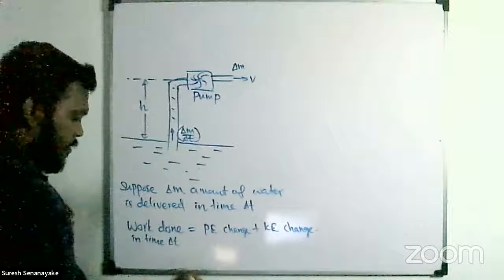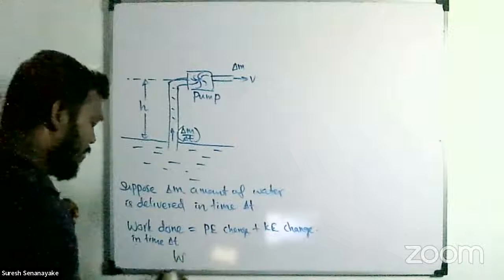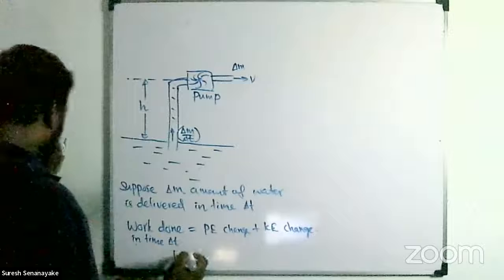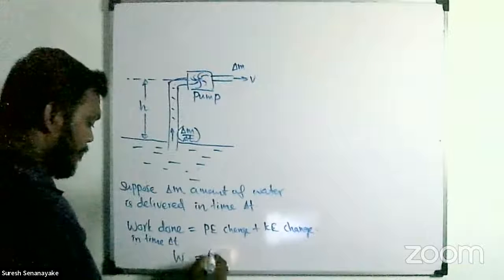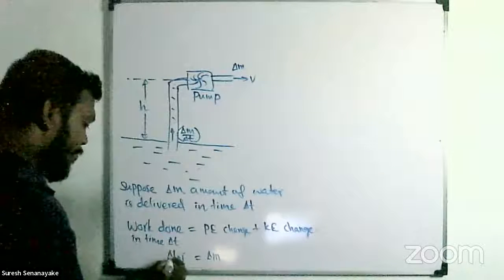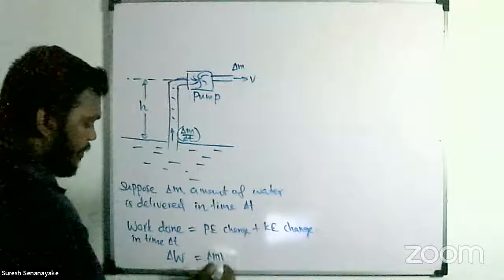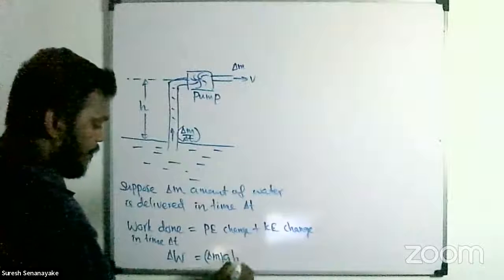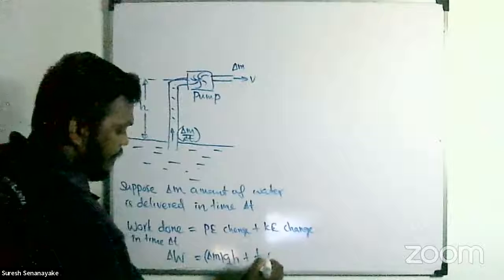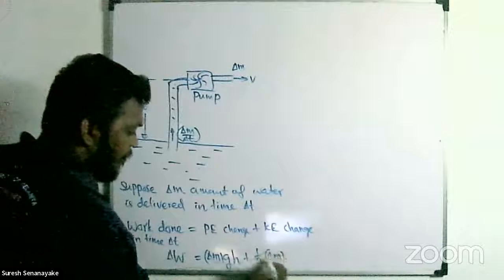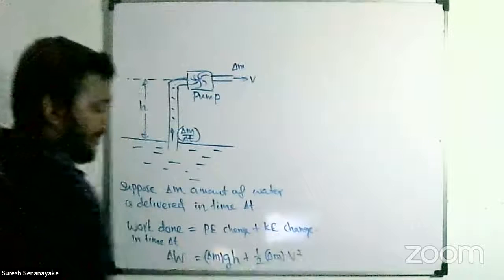So we can write this as delta W, and this is delta m g h plus half delta m v square.